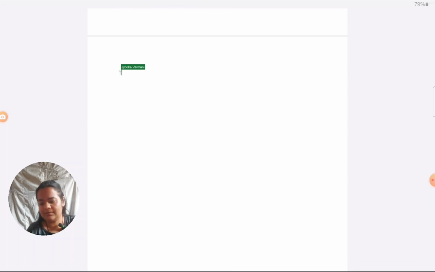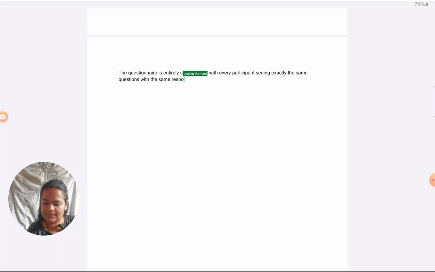The questionnaire is entirely standardized, with every participant seeing exactly the same questions with the same response alternatives and photographs, the same filler questions in the same order, etc., increasing the reliability of the plan.